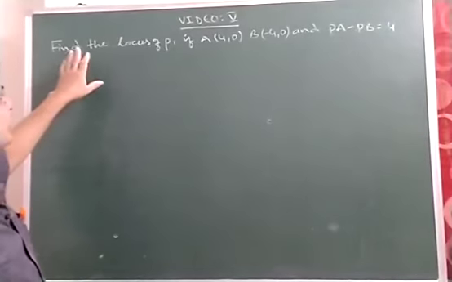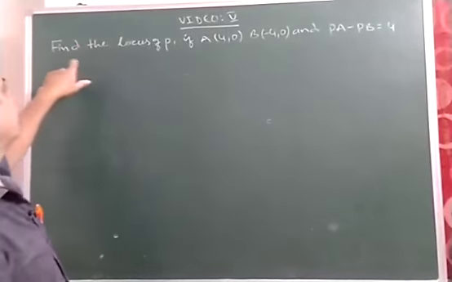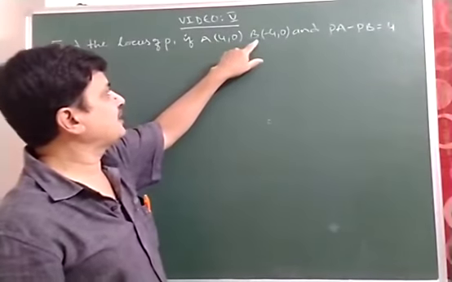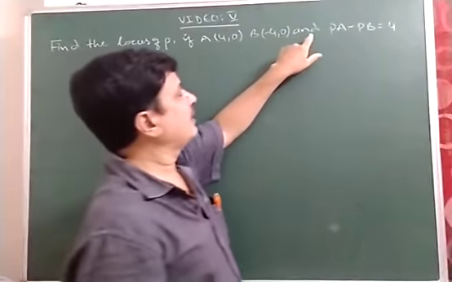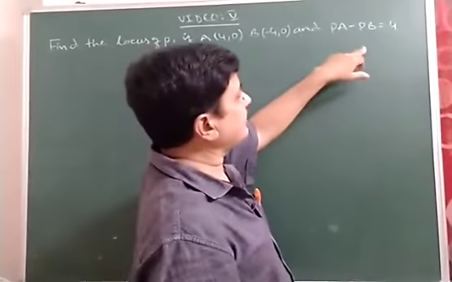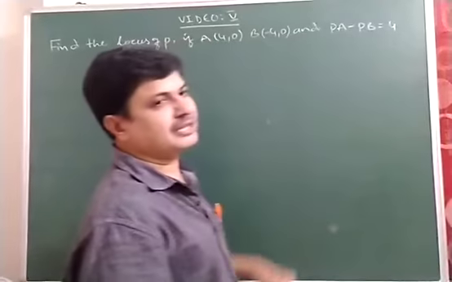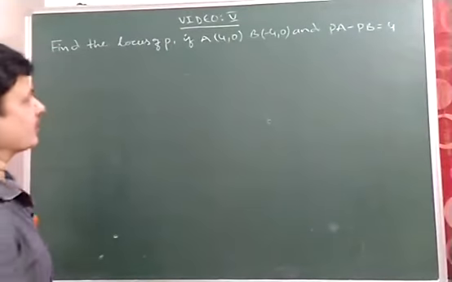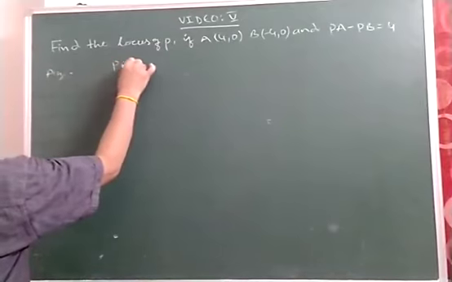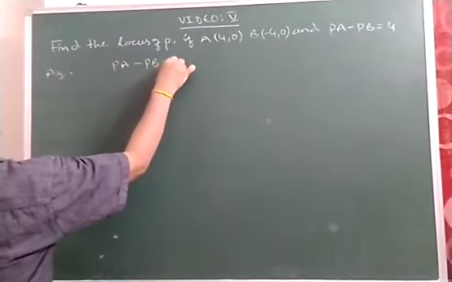Another problem in this same model, that is find the locus of P if A is 4, 0 and B is minus 4, 0 and PA minus PB is equal to 4. Here the given condition is PA minus PB is equal to 4.